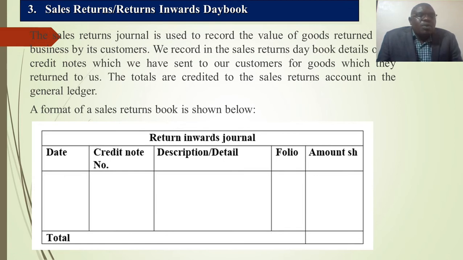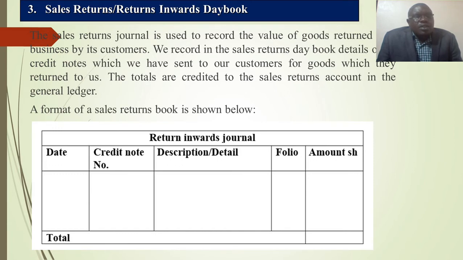That is the column where we record the credit note numbers for the various credit notes which have been sent to clients. So we have the date, and the date, as usual, is recording the date of the transaction.